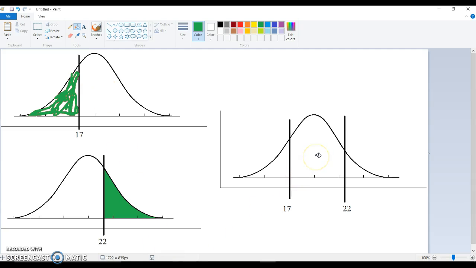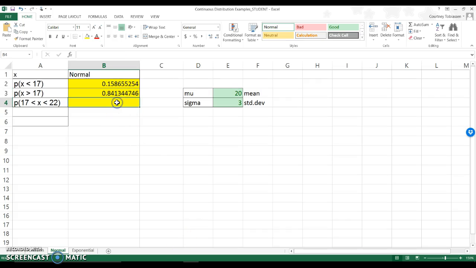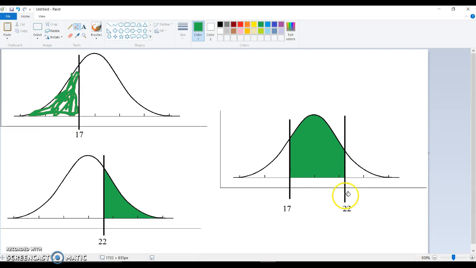We can also look at the area between 2 points. So if I look at the area of 22, Excel is going to give me this tail and this thing. It's going to give me everything up to 22. So I can take the norm.dist of this one minus the norm.dist of 17, which is going to give me up to here, which is this part of the tail which we don't need.